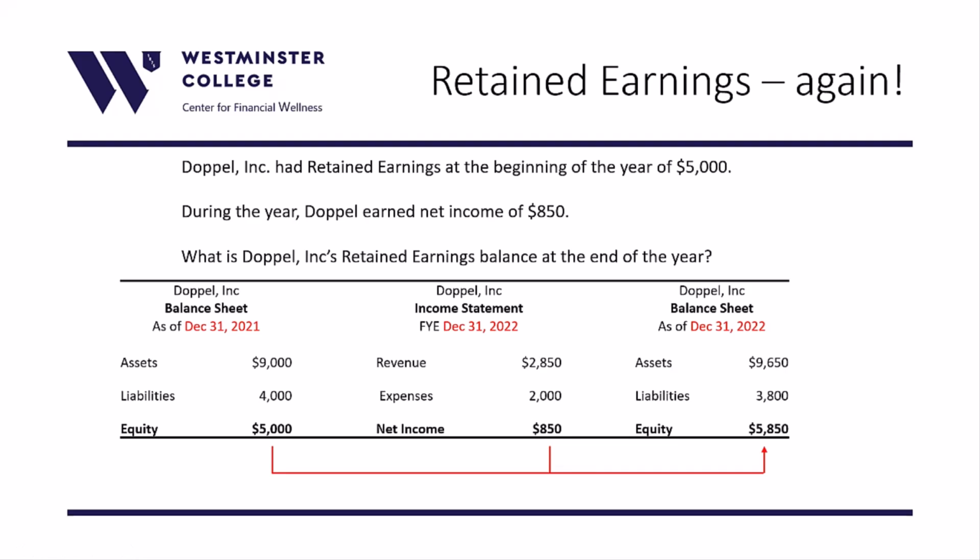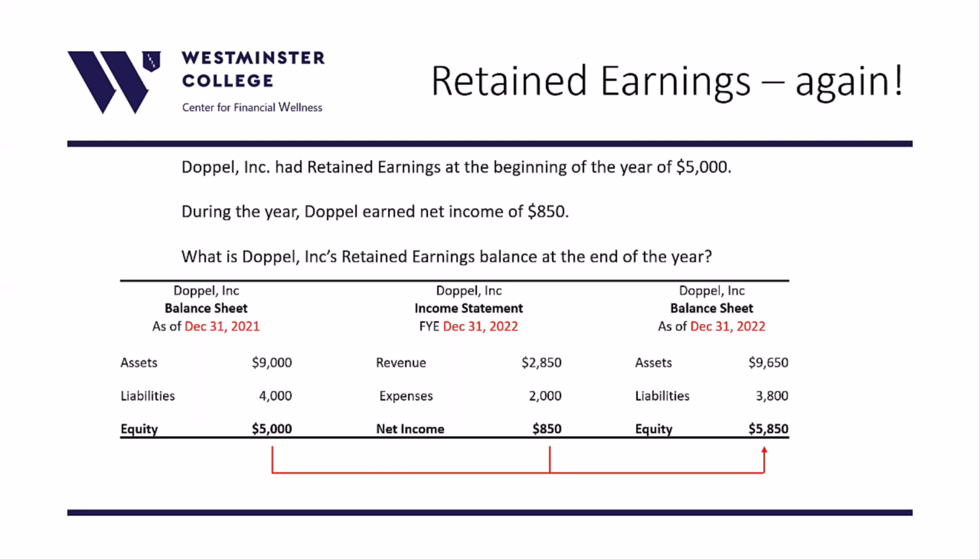That net income of $850 rolls into the next balance sheet, into the equity section. So now we have $5,850 in equity. We're kind of assuming that retained earnings is the only account in that area. Okay, so that's a more simplified view of the previous slide.